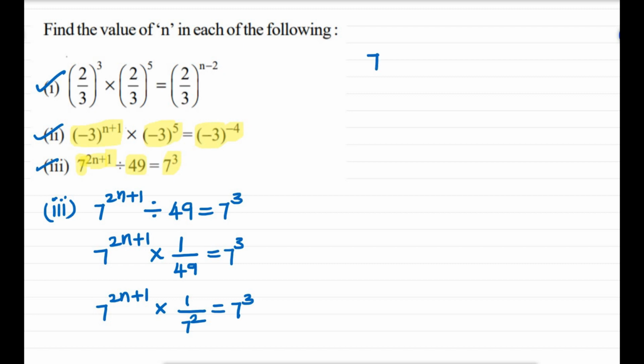So here 7^(2n+1) into, if 7 power 2 is transposed to the numerator using the identity, we can write it as 7^(−2) is equal to 7^3. The rule I have used is a to the power of −m can be written as 1 by a to the power of m. Since this is used, we can use it vice versa.